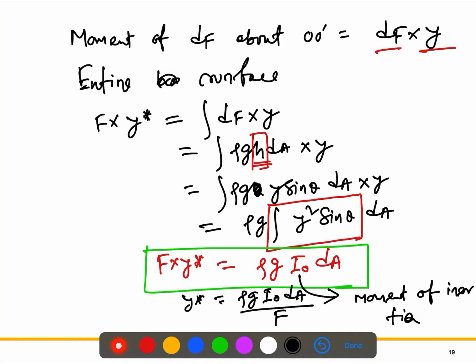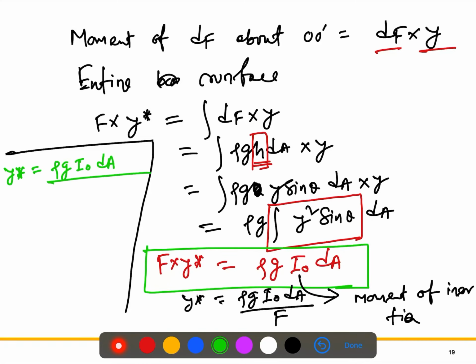But F we previously calculated: F equals rho g A h bar. So now just substitute. So y star equals rho g I naught over F, and we know F equals rho g A h bar. That was the first part. So now you can just eliminate this rho g.